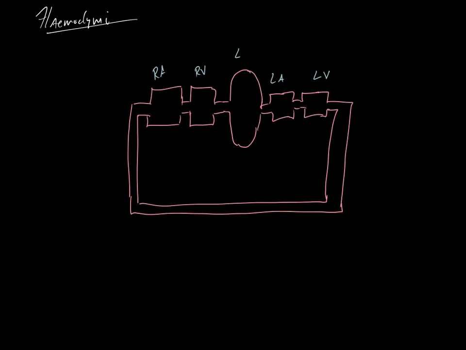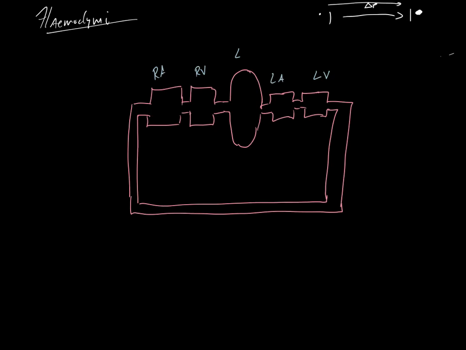Okay, so remember we talked about driving pressure? For fluid to move in a certain direction, I have to have a pressure difference, right? So the pressure needs to be higher over here and lower over here. That difference between the lower and higher pressures is known as the delta P, the driving pressure. So the pressure on the right side of the heart is going to be low or high? Low. And then the pressure on the left side is high.